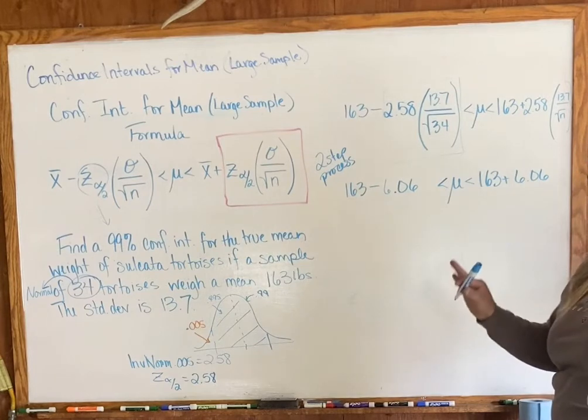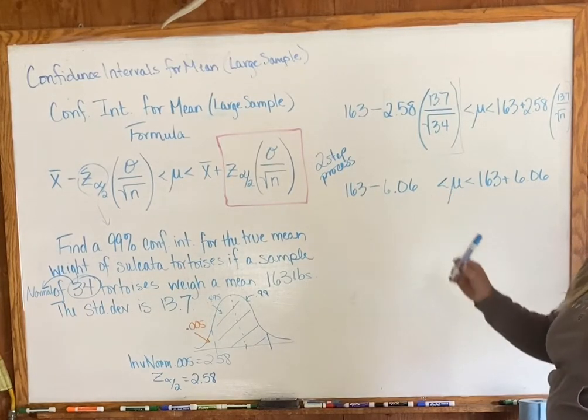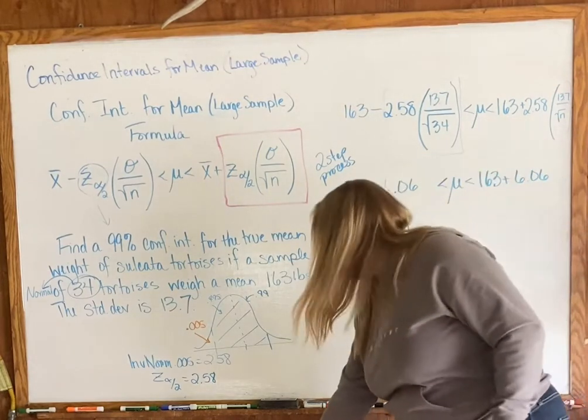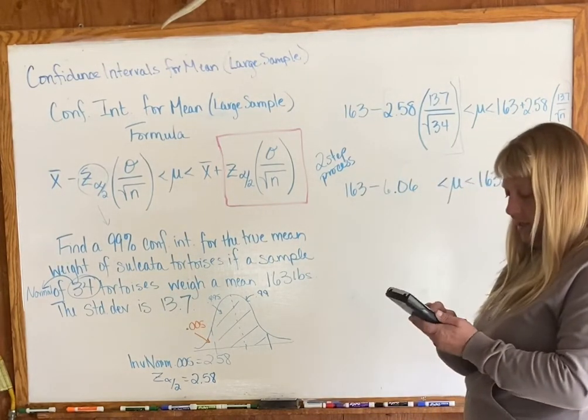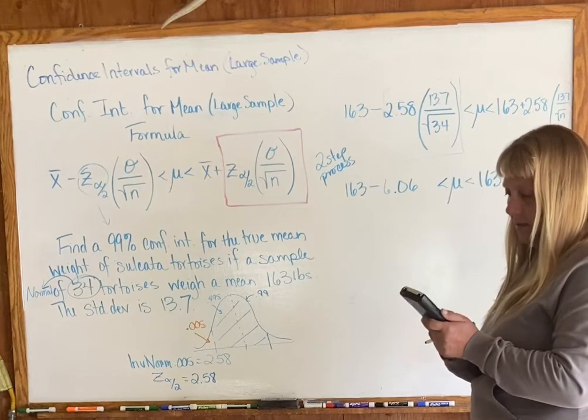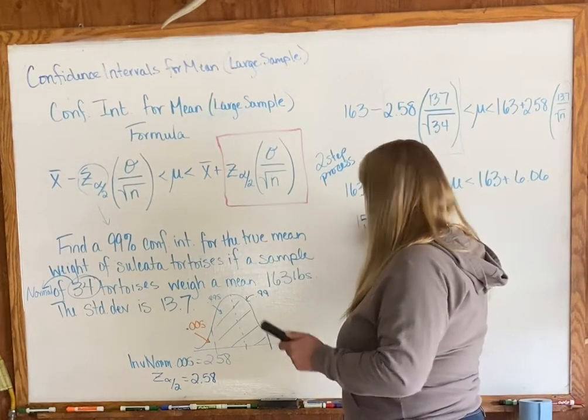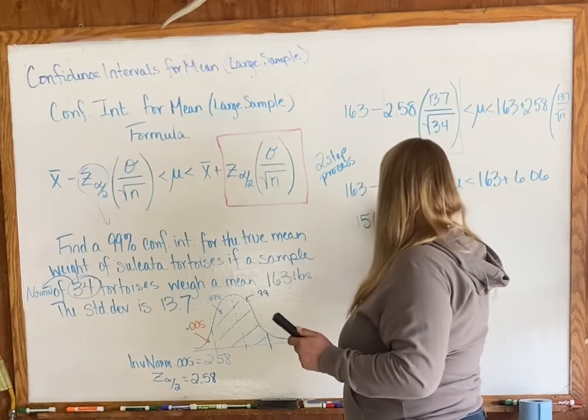Now that's the first step. Second step is to do the subtraction and do the addition. Okay, so subtract on the low end, 163 minus 6.06. So that one gives me 156.94.